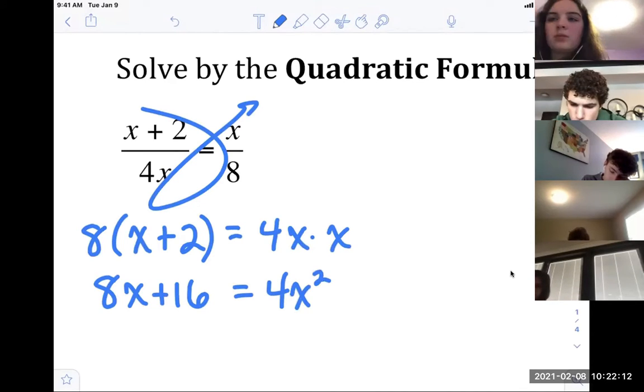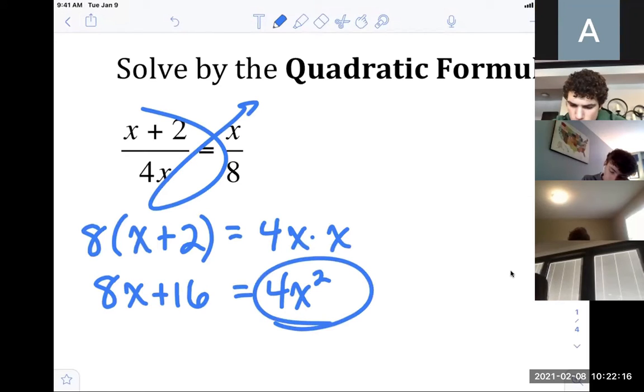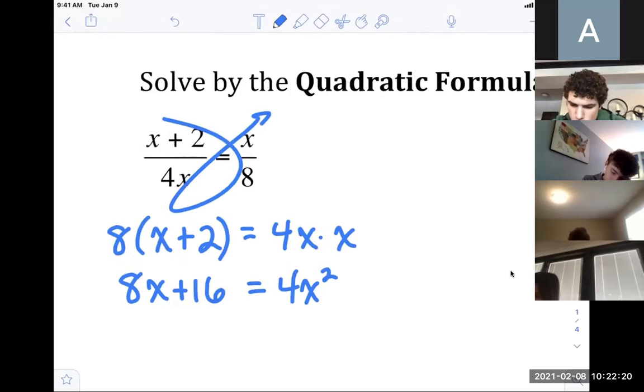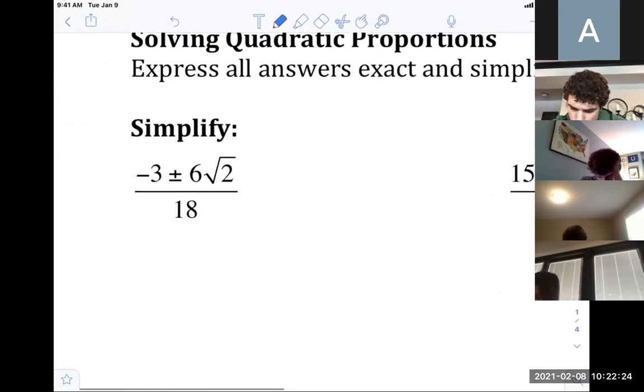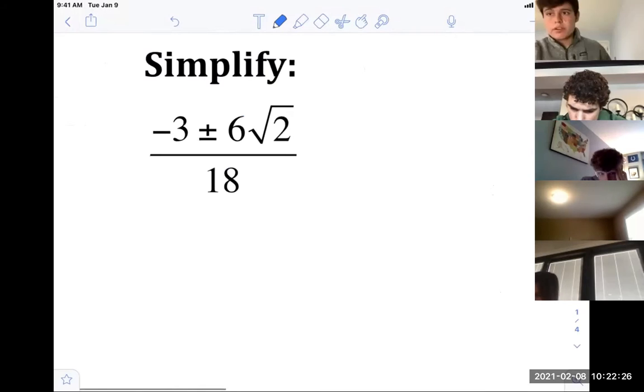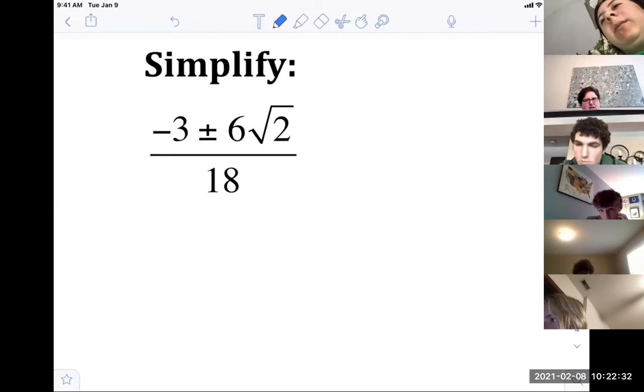So sometimes when you solve proportions, you end up getting a quadratic, you get an x squared term, and that's why we're reviewing the quadratic formula here. So I'm going to start by doing some basic simplifying, because the answers that you get will often turn out to look like this kind of situation here.